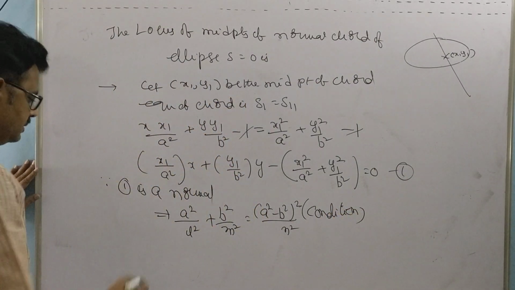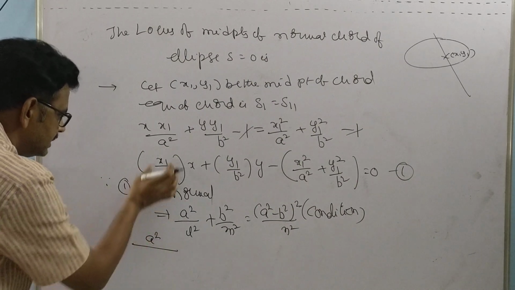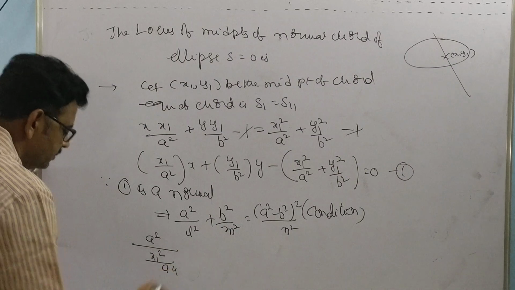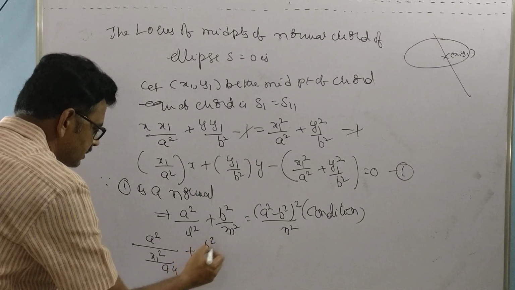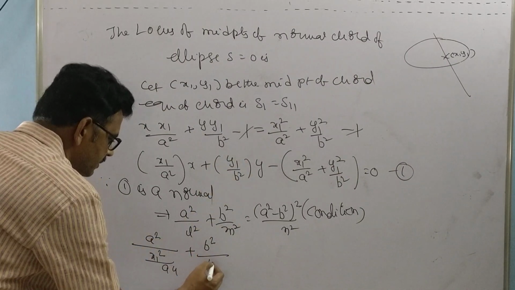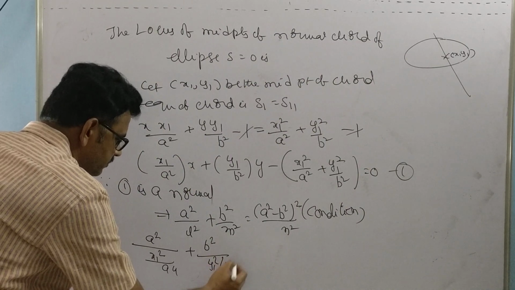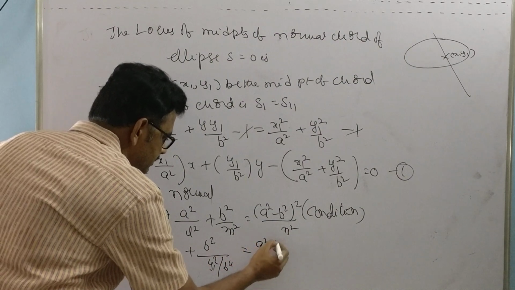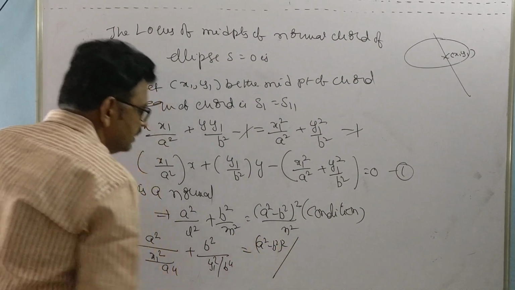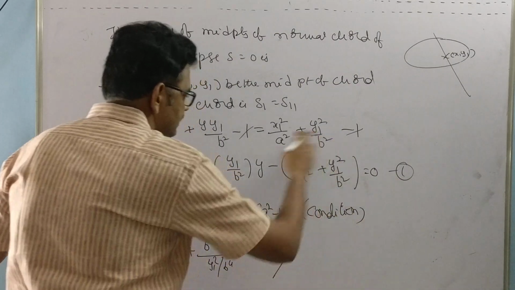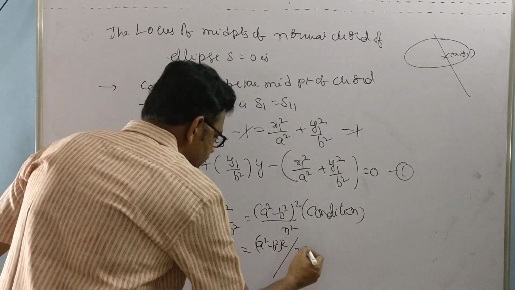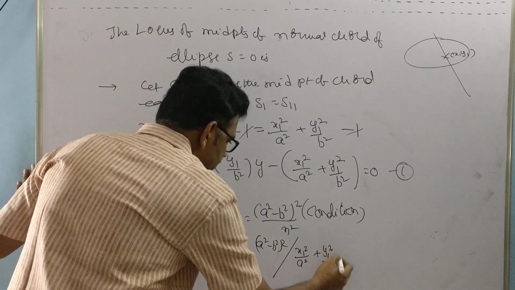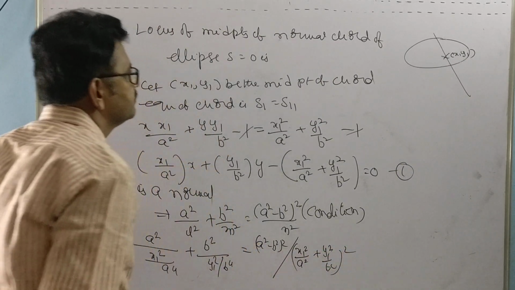Now A square by L square, where L is x1 by A square, so it is x1 square by A power 4, plus B square by M square, which is y1 square by B power 4, is equal to A square minus B square whole square by N square, where N is the whole thing, x1 square by A square plus y1 square by B square, whole square.